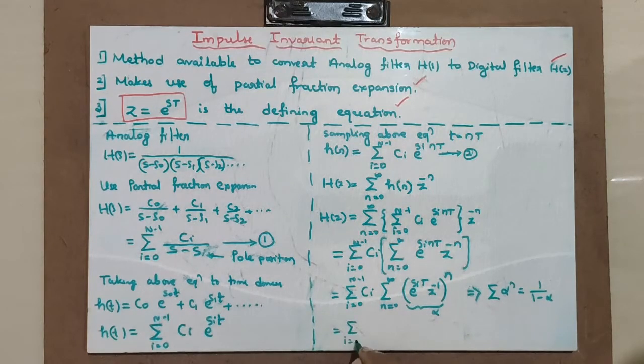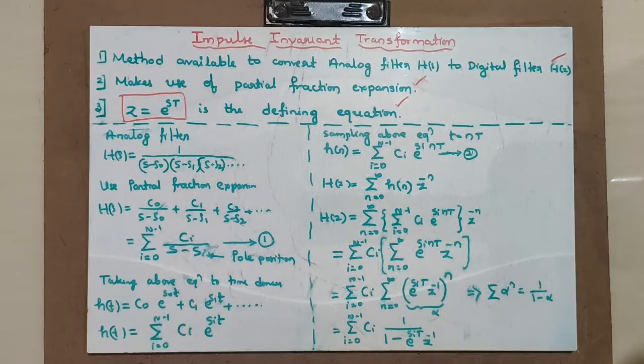Summation i is equal to 0 to n minus 1 ci. This completely becomes 1 divided by 1 minus alpha. Alpha is e raised to sit, z raised to minus 1, right?